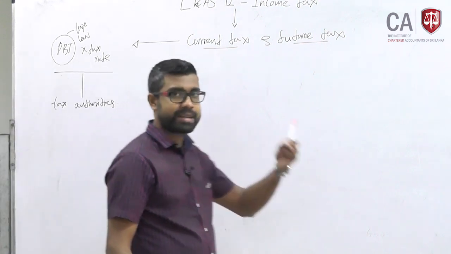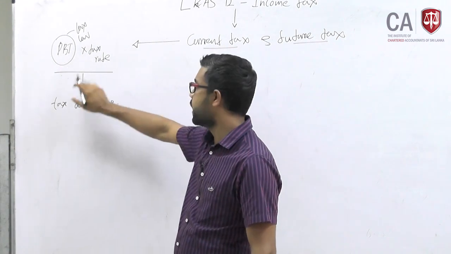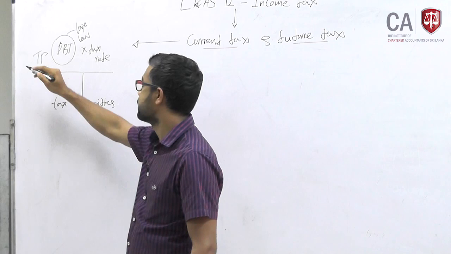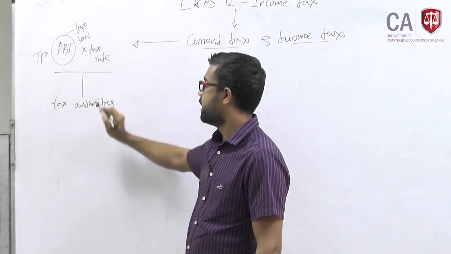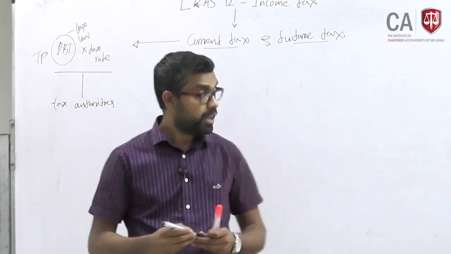You pay to the tax authorities, which is called current tax. Profit you calculate is the taxable profit. Taxable profit times the tax rate, you figure it out, calculate it and pay to the tax authorities.